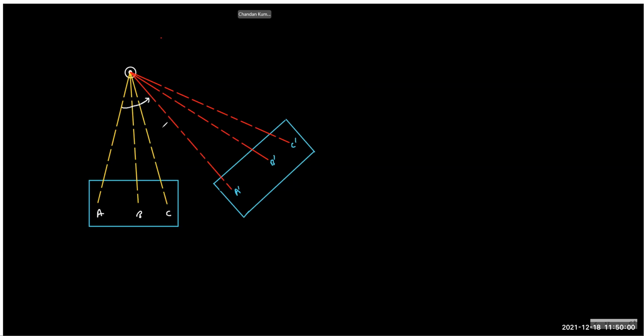You can see A has gone to A dash, B has gone to B dash, and C has gone to C dash. So this may make some alpha, this is maybe beta, and gamma. Alpha, beta, gamma need not be the same. It could be different, it could be the same, I don't know.